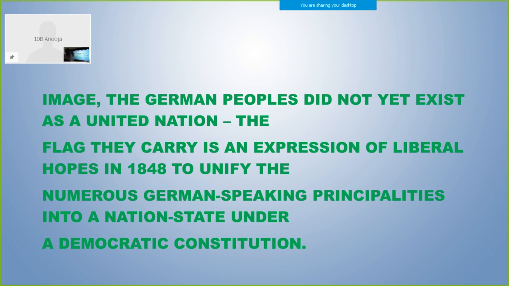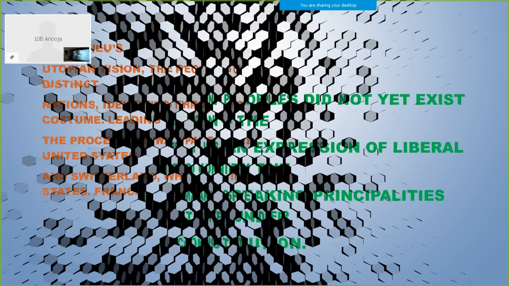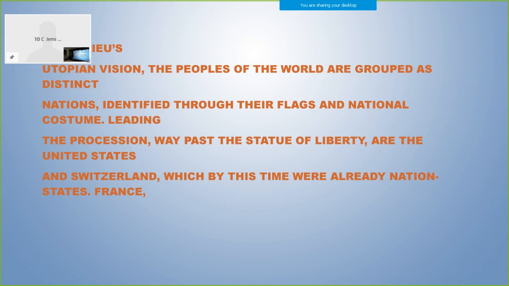And the German people are trying to create a democratic constitution with a definite identity. So at that time you must look that USA and Switzerland were already nation states, and you have studied that.